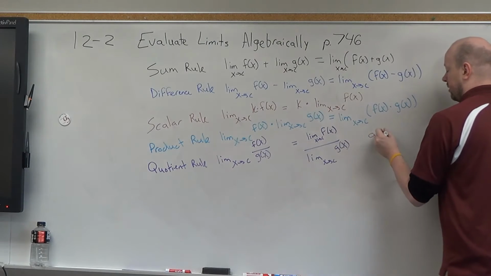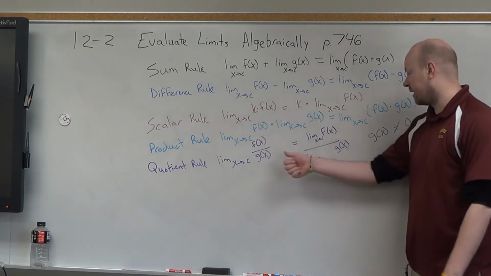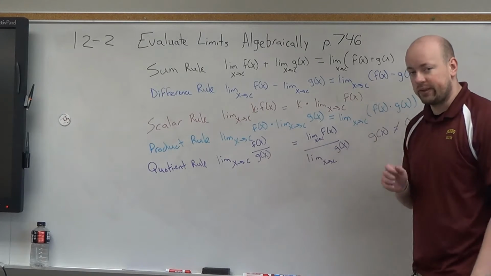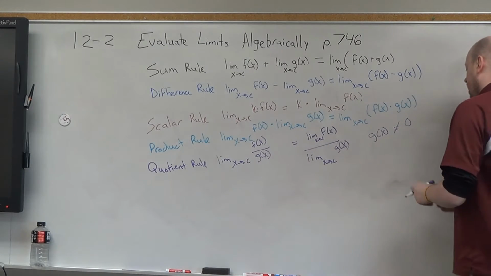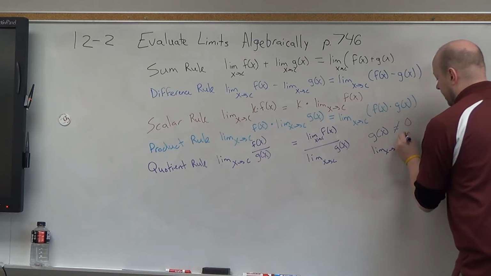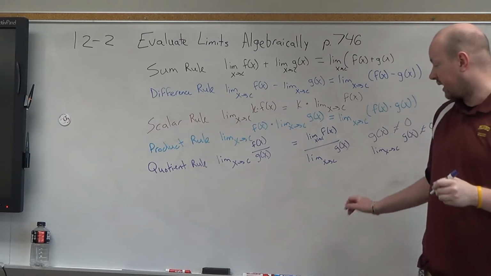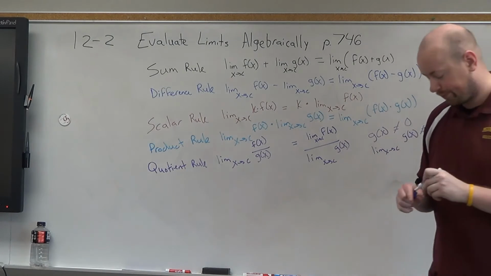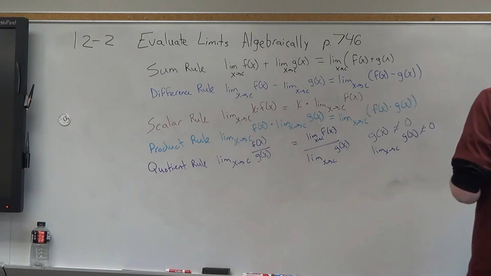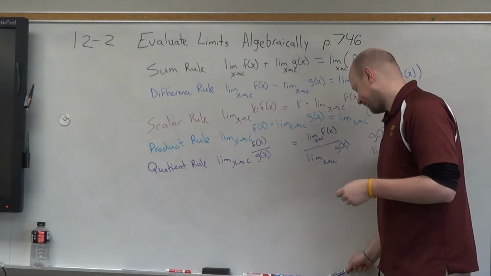G of x cannot be 0, and as you can guess, it's because I cannot divide by 0. Therefore, also the limit as x approaches c of g of x cannot be 0 either, because again, can't divide by 0. That causes some issues, which we'll get to later in the section.